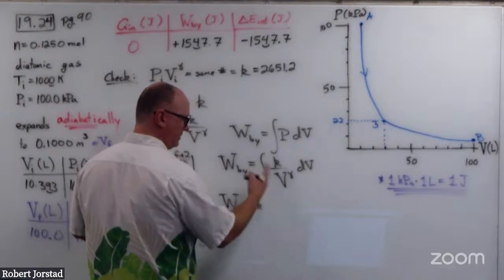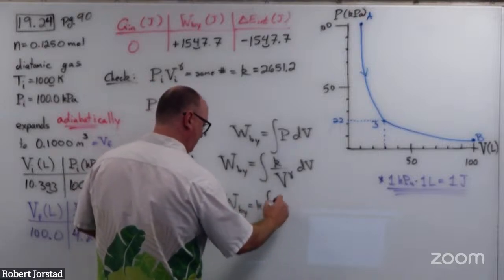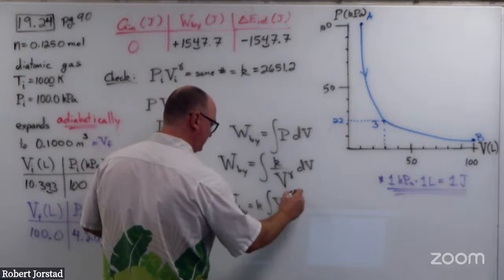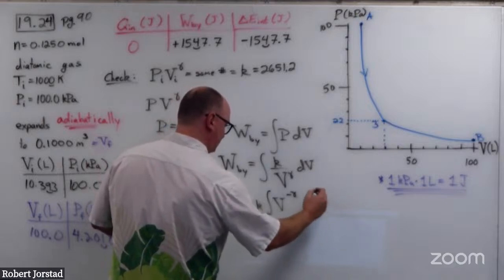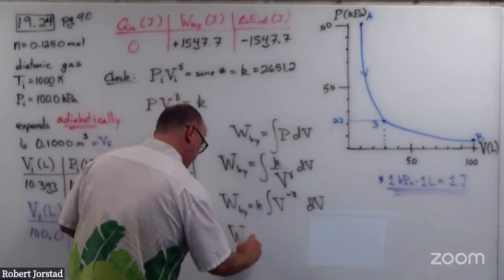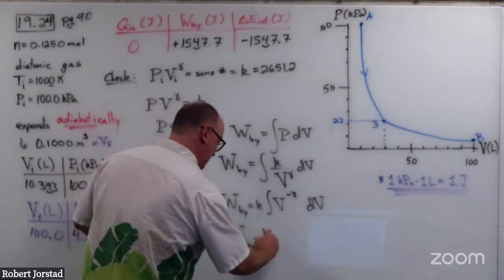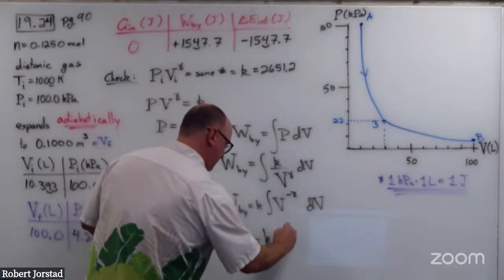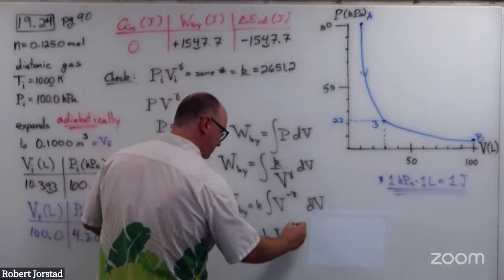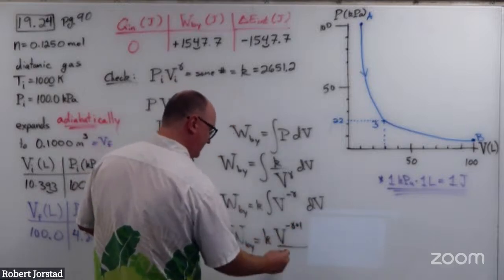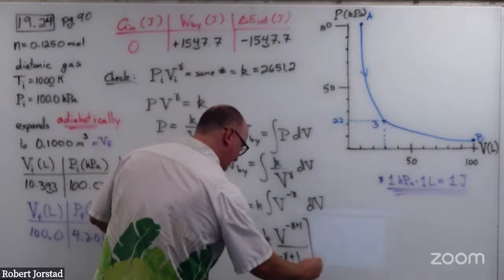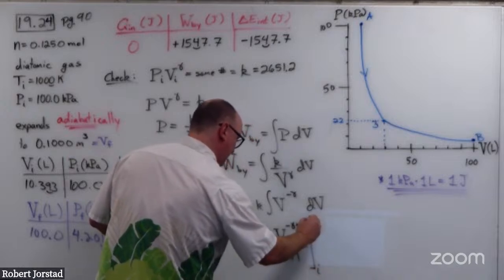The constant pulls out, and then it's the integral of V to the negative gamma dV. When I do that, it's going to be K. You raise the power, right? So it's negative gamma plus 1, and then you divide by the new power, negative gamma plus 1. Then we have to evaluate that at initial and final.